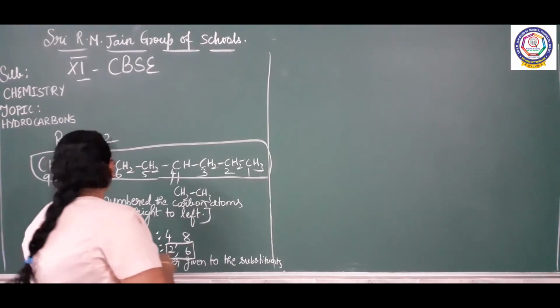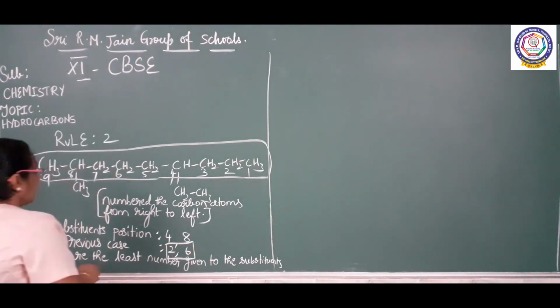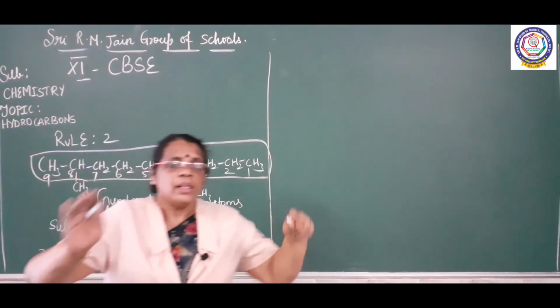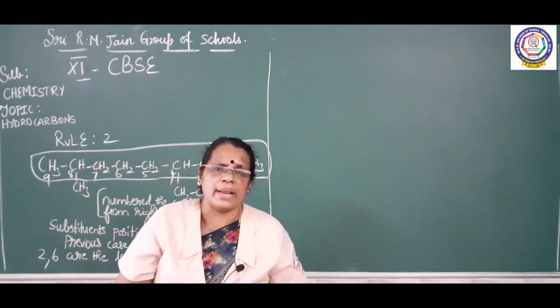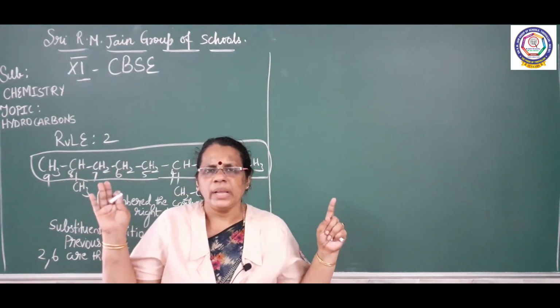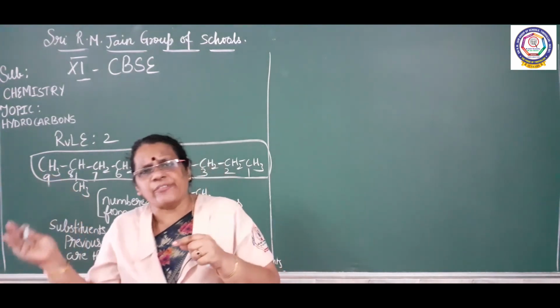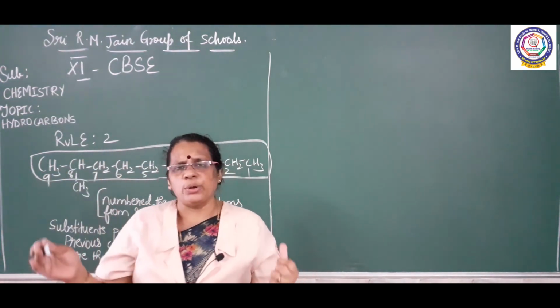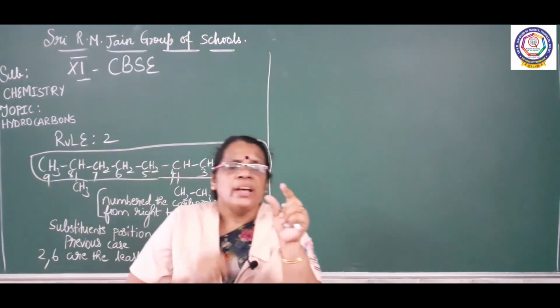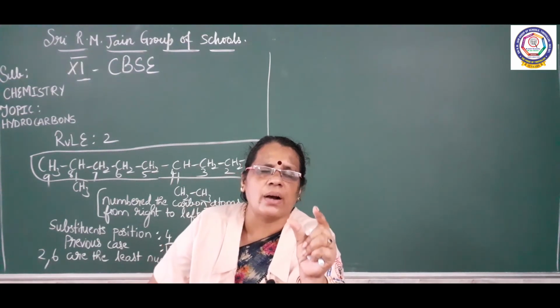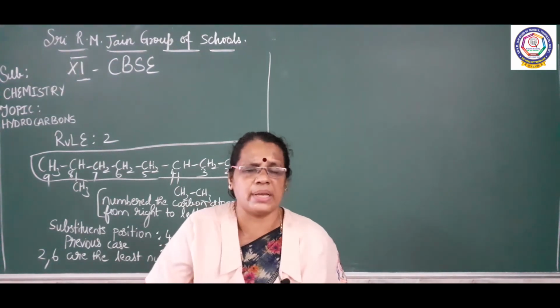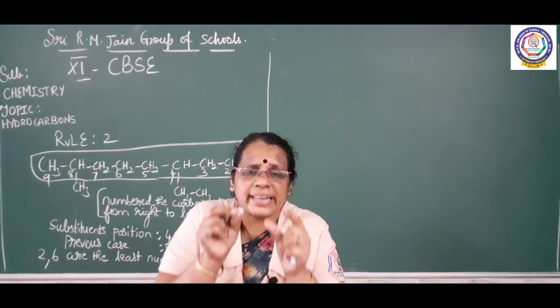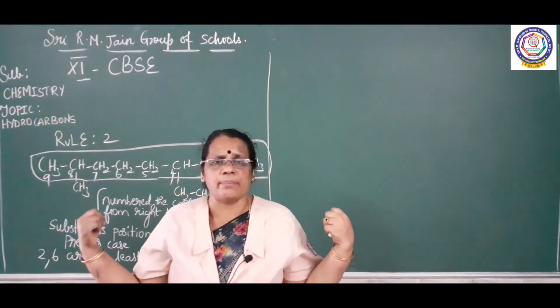We can write the name of the compound as follows, and listen, I have told you about the numbering. Whichever way you number, from left to right or right to left, no problem. But what is the rule? The substituent attached carbon should have the least number. The branches attached to the carbon should have the least number.